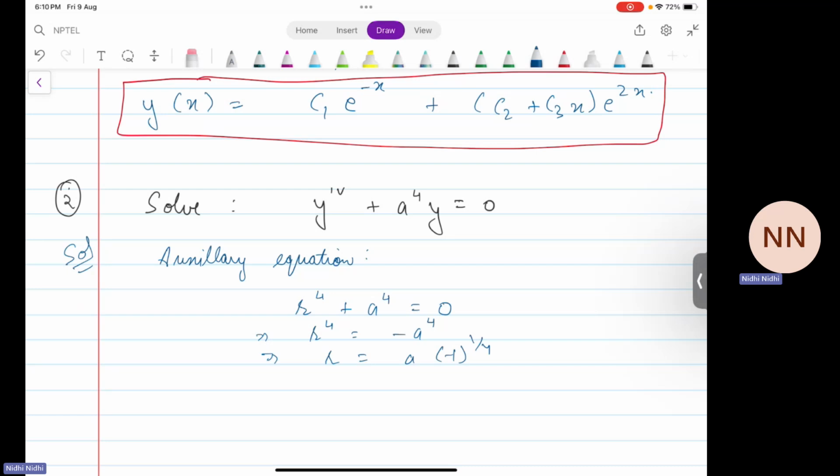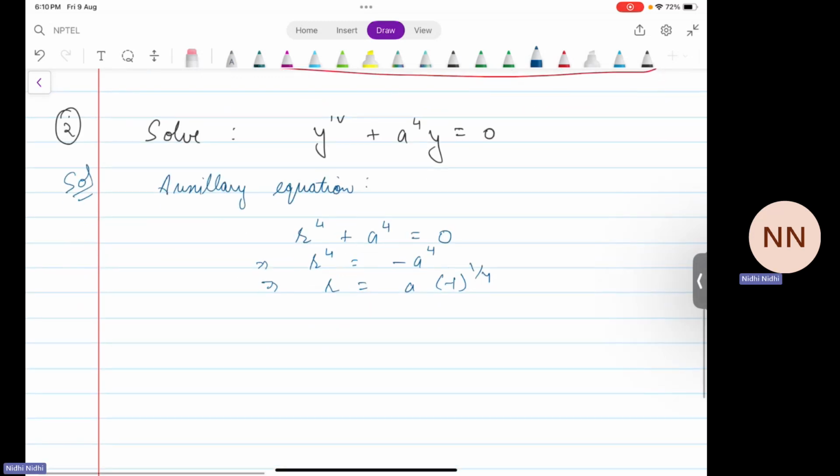So if you go back to the complex analysis course that you all must have done, the value of r is a e to the power iota pi by 4, a e to the power iota 3 pi by 4, a e to the power iota 5 pi by 4, and a e to the power minus iota pi by 4.